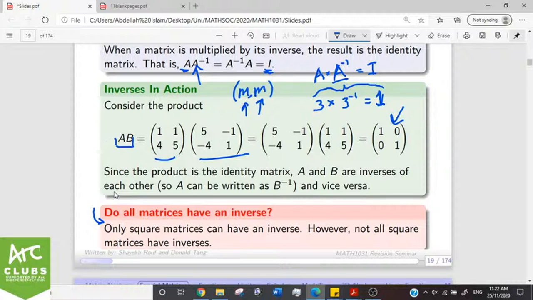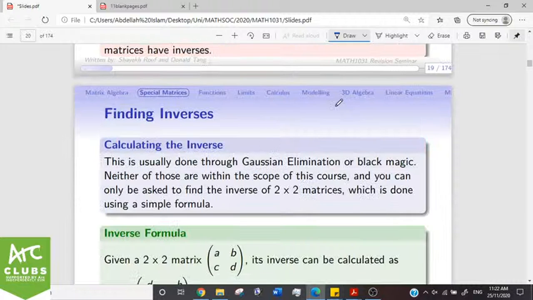Like, for example, the matrix 1, 2, 1, minus 2 won't have an inverse. Hang on, that should be plus. That won't have an inverse, right? Okay, so you need to be careful, even though it is square.